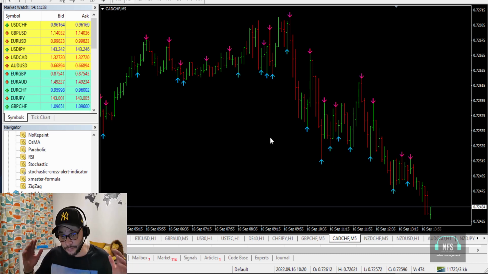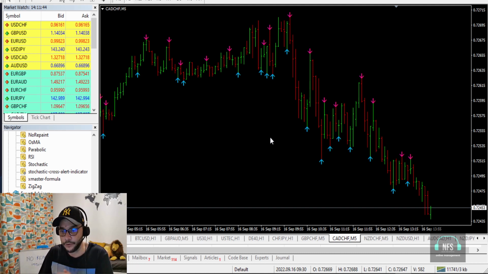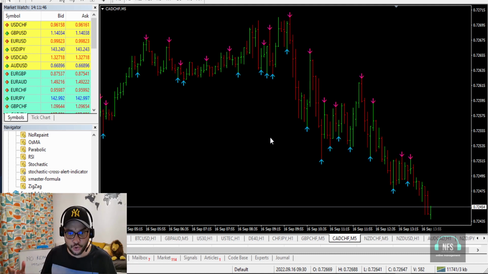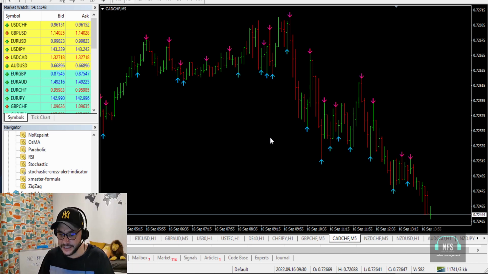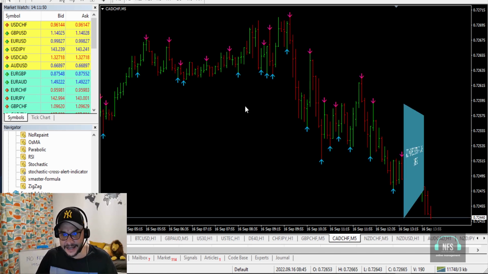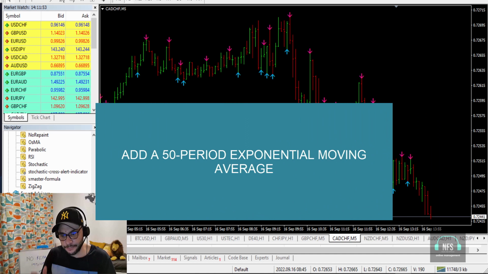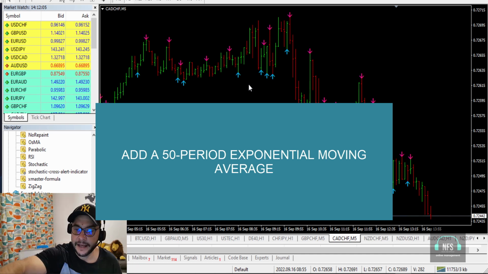As you can see here, you might be overwhelmed at first sight that there are too many arrows displayed, and this is true, but I suggest adding here a 50 period exponential moving average, and this way we only trade in the direction of the trend, and the provided signals are much less disturbing.